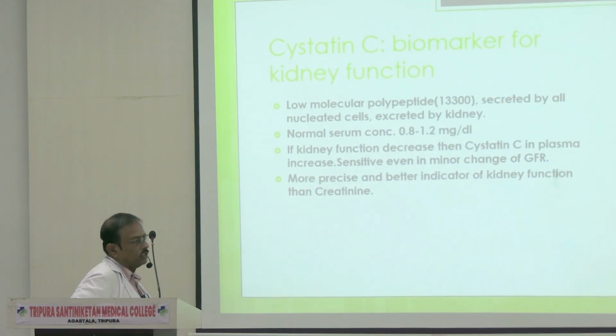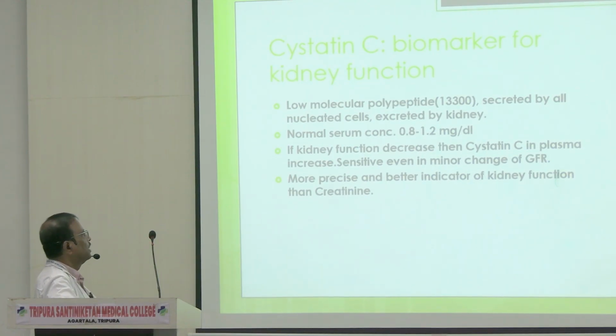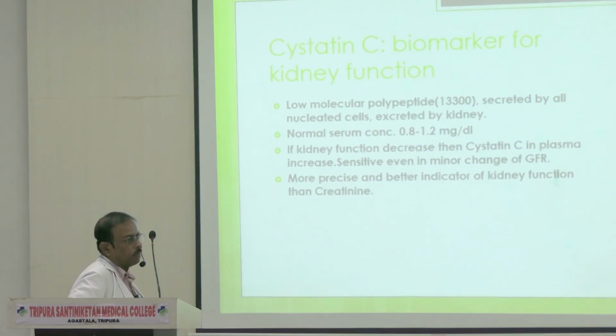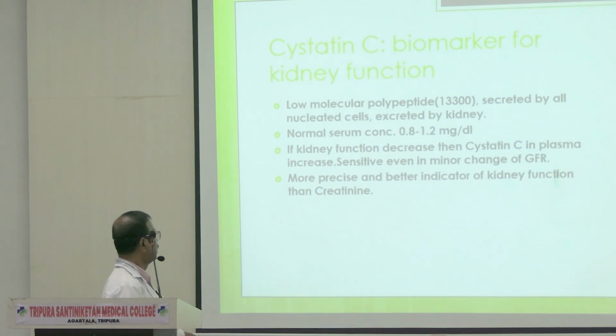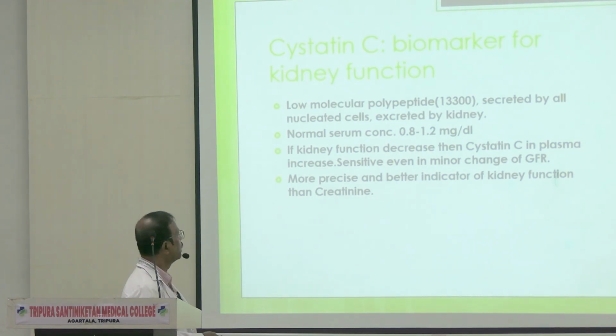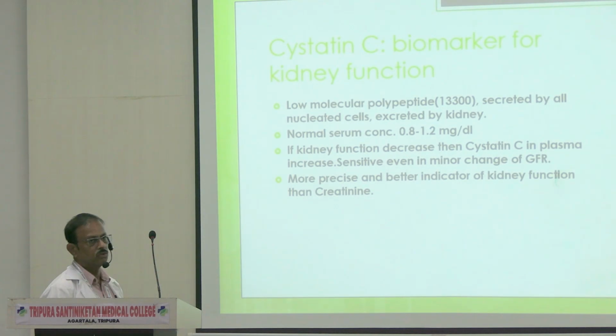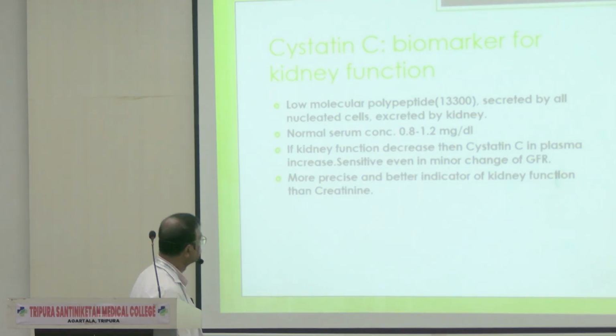Normal serum concentration is 0.8 to 1.2 milligram per deciliter. If kidney function decreases, cystatin C in plasma increases. It is sensitive even to minor changes of GFR. This molecule is more precise and a better indicator of kidney function than creatinine. So nowadays, this test is utilized to see the status of kidney function.